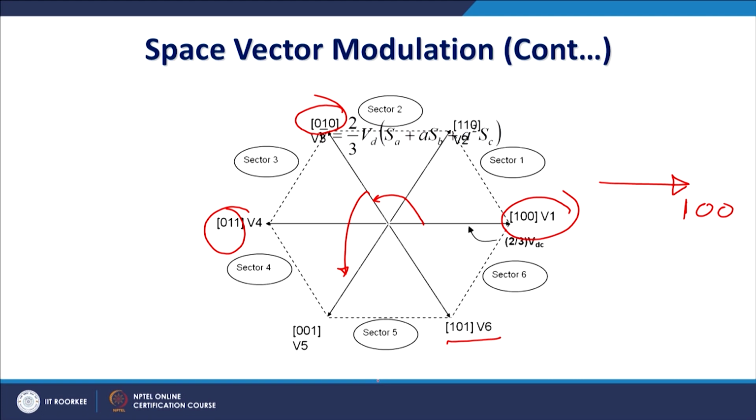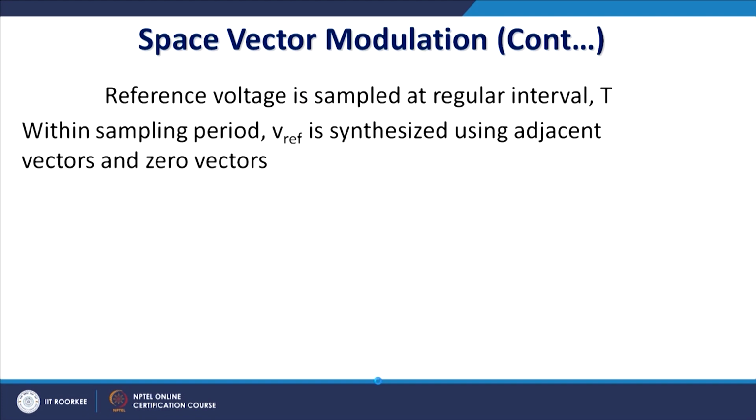The maximum length of this vector is 2/3 VDC, and with a little geometry, this will be 1/3 VDC, and thus we need to calculate the different sampling times. Let us take an example.